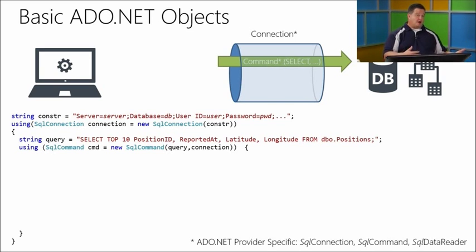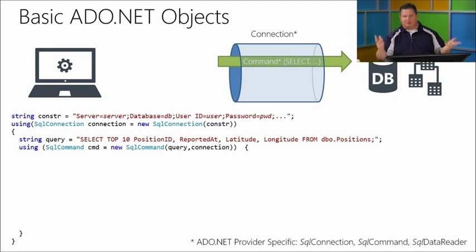If it's a stored proc, there might be parameters, etc. In fact, really in general, even if it's not a stored proc, you can have parameterized SQL statements with placeholders for the values that you stick in to help overcome SQL injection attacks. And the old way of doing the concatenated string or whatever is severely frowned upon. So SQL commands support parameters and parameterization of statements and all that good stuff.